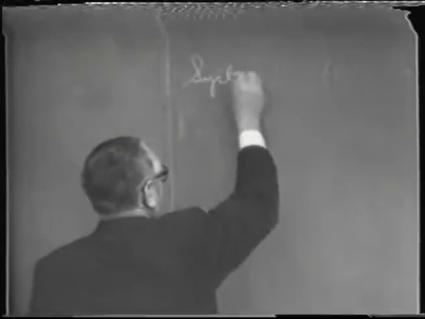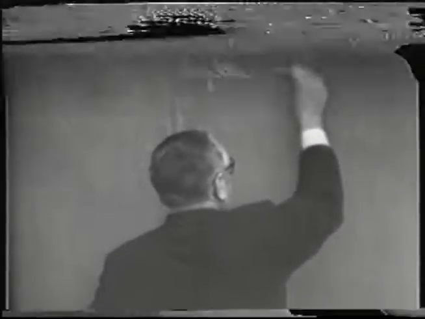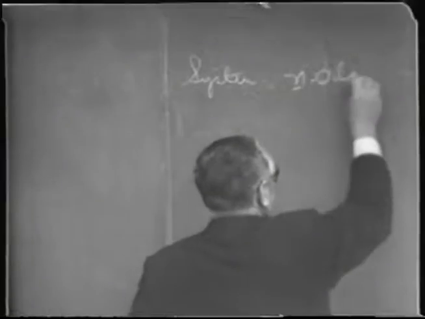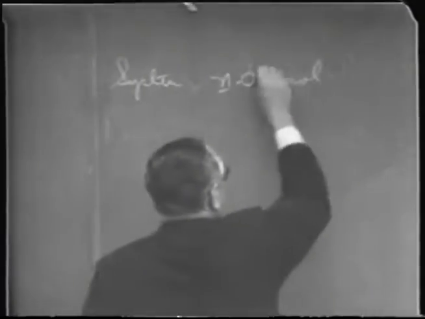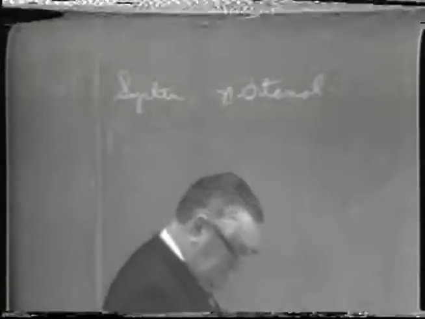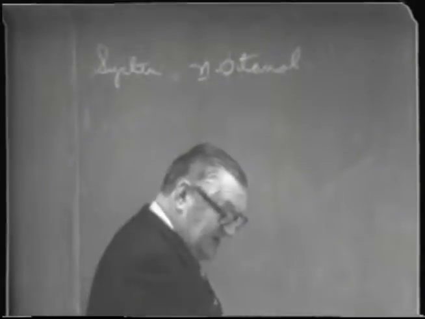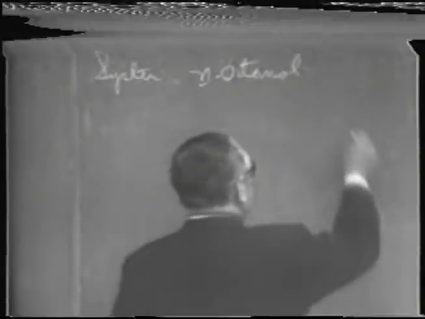So in other words, let's say this is a system of normal octanol, in other words, a straight chain alcohol with 8 carbon atoms, and water.